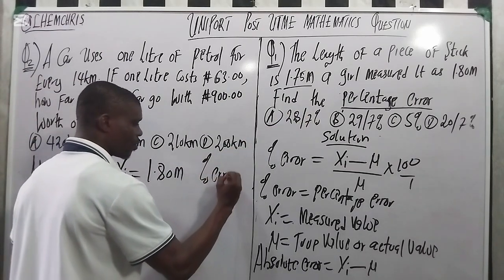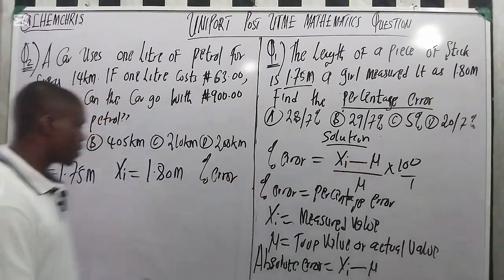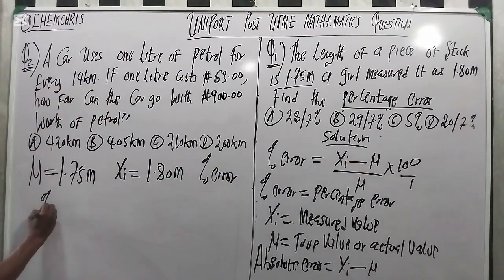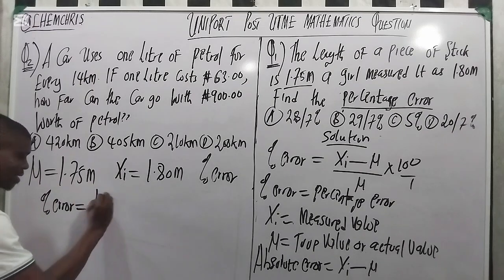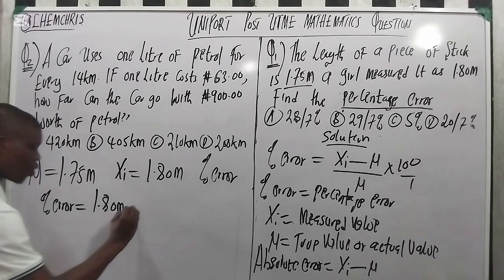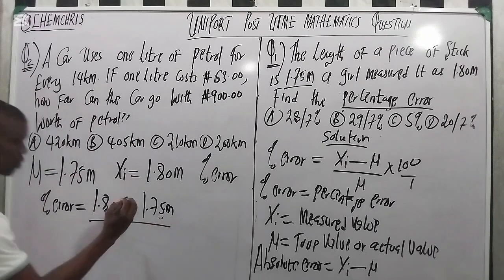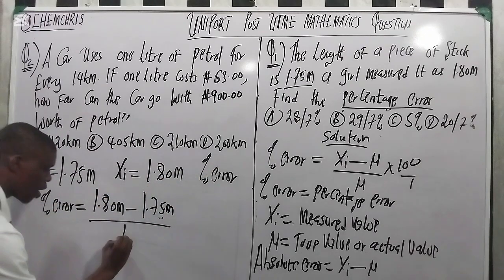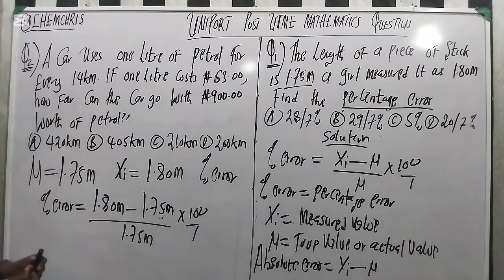We are going to use this formula straight. Percentage error is equal to my measured value, 1.80 meters, minus my actual, 1.75 meters, over my actual, 1.75 meters, times 100 over 1.